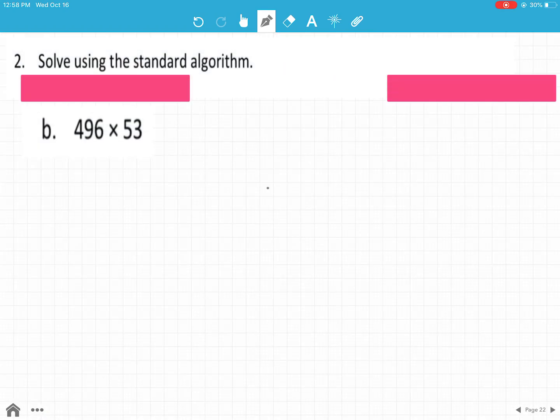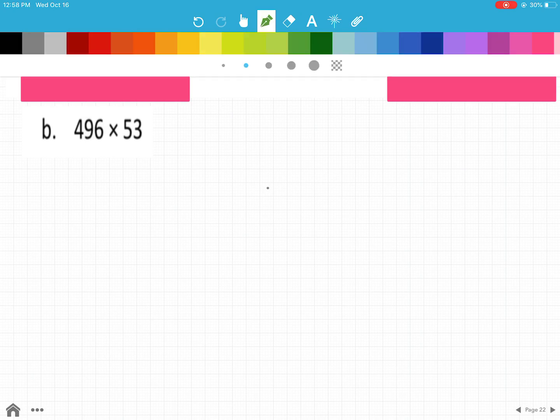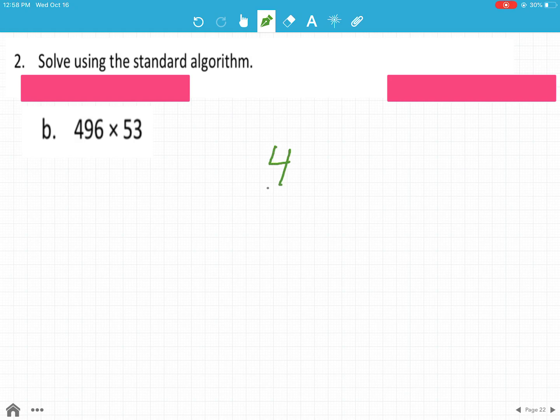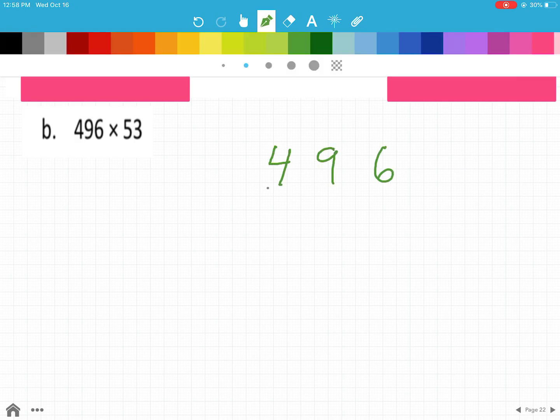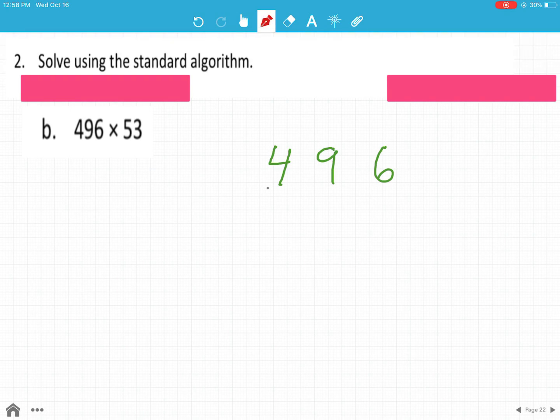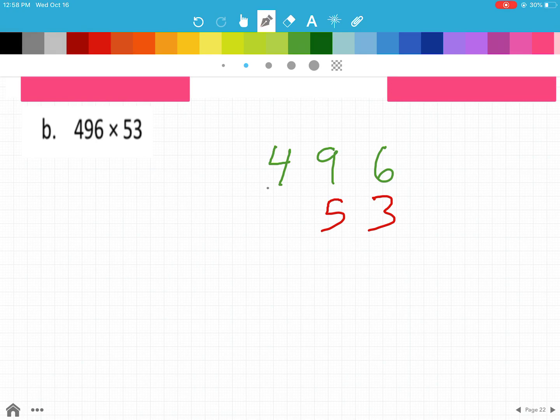Now we're going to do it again, this time with just the algorithm. So I'm going to set it up on top. 496 times 53. I'm going to try something a little different actually.